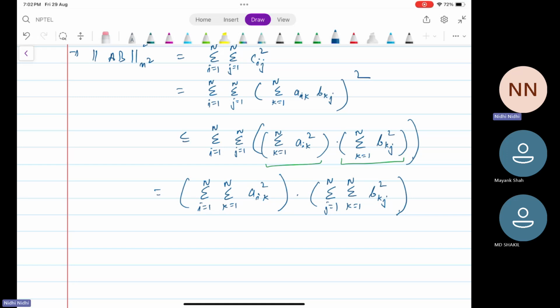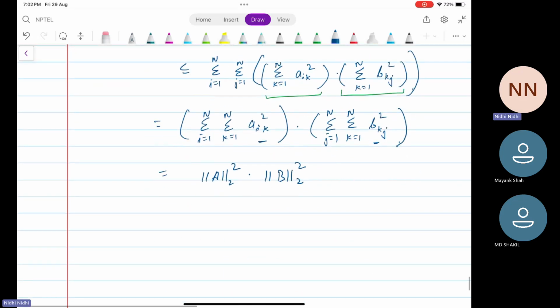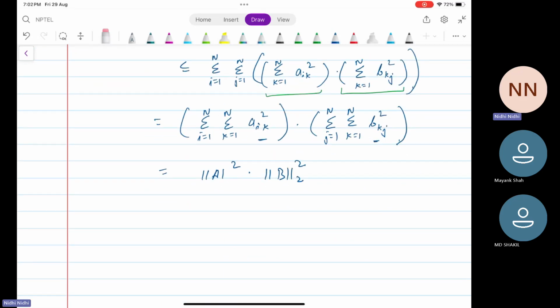Now here we can replace this k by j and here k by i. So this is basically the norm of A squared, because eventually we are taking the sum of squares of all the terms, times norm of B squared.